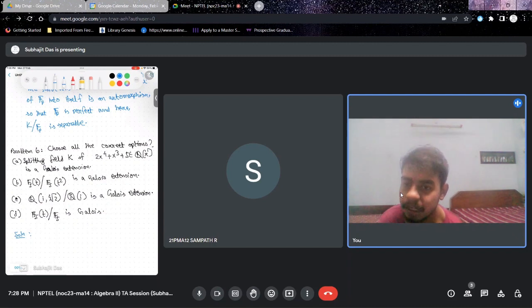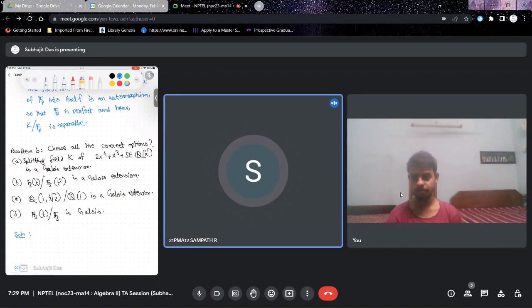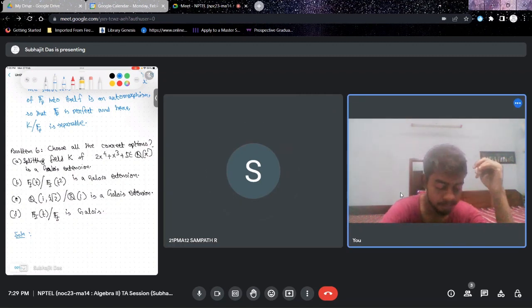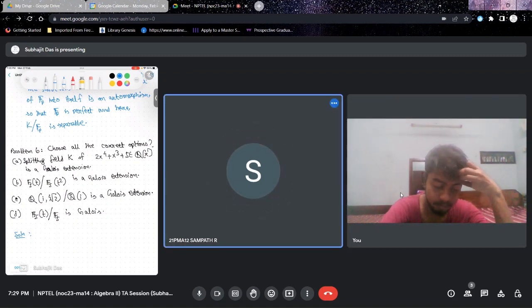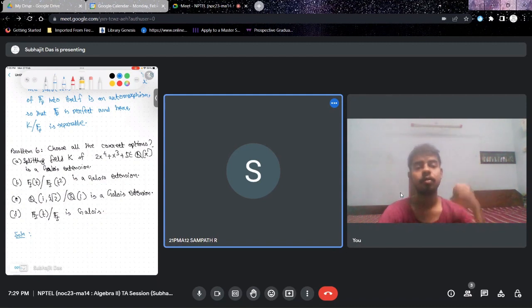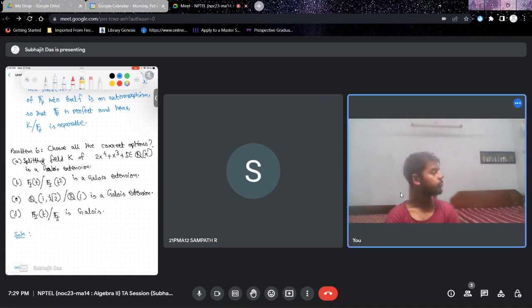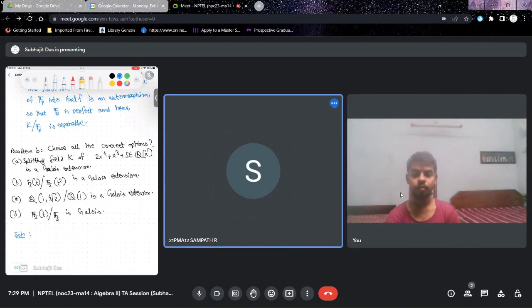The splitting field of this polynomial in Q[x] is a Galois extension. Yeah, A is correct. Why is A correct?